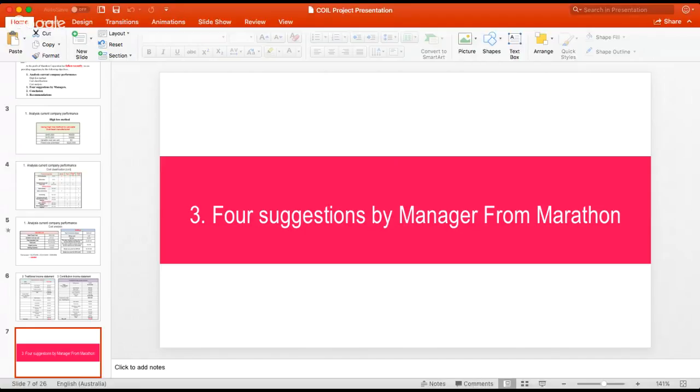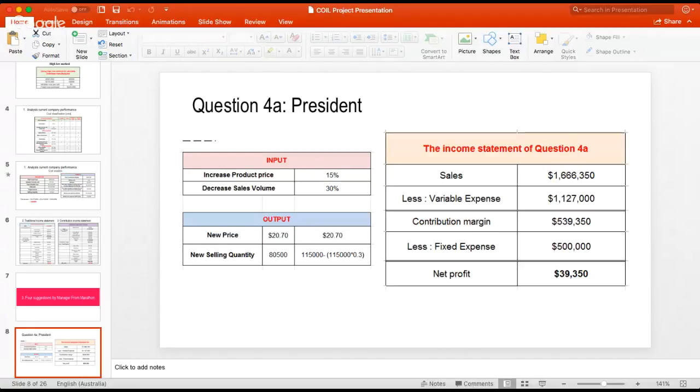Now we will look at the managers' suggestions to discuss in what scenario will be better for the company. Next slide, please. What if we increase the price by 50% and decrease the expected sales volume by 30%? Here is the change of input data compared to the current company performance.